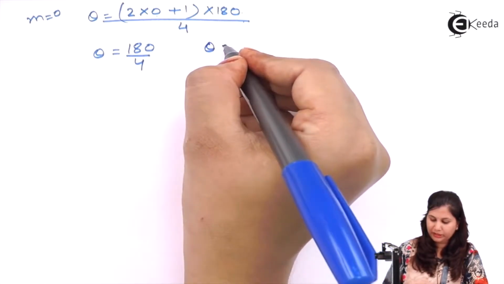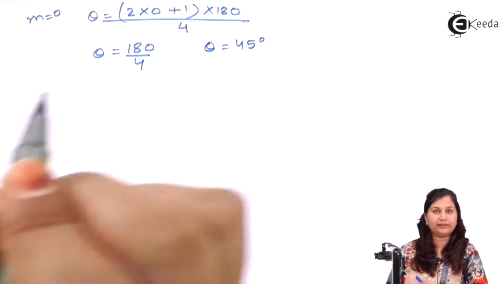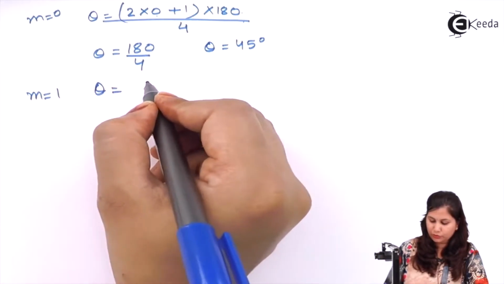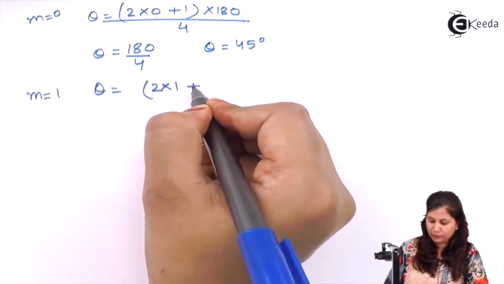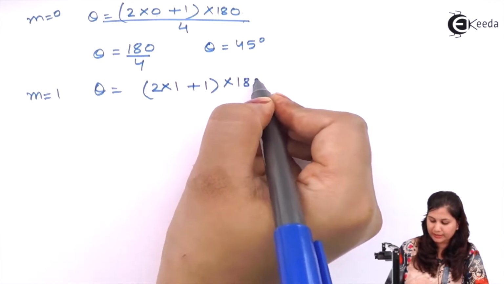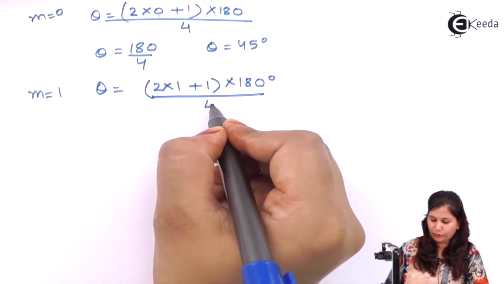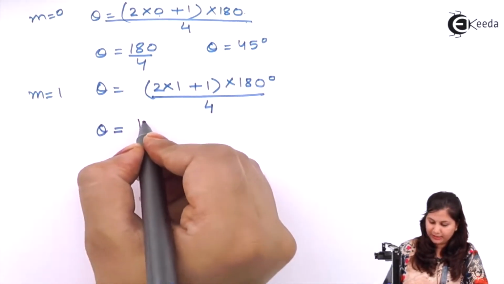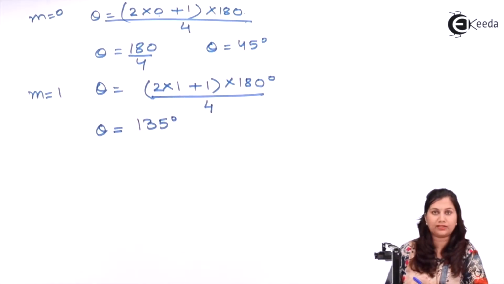So it will be theta equals to 45 degrees. Now m equals to 1, theta equals to (2 into 1 plus 1) into 180 degrees upon 4. Okay. So here we will get the value of theta as 135 degrees.